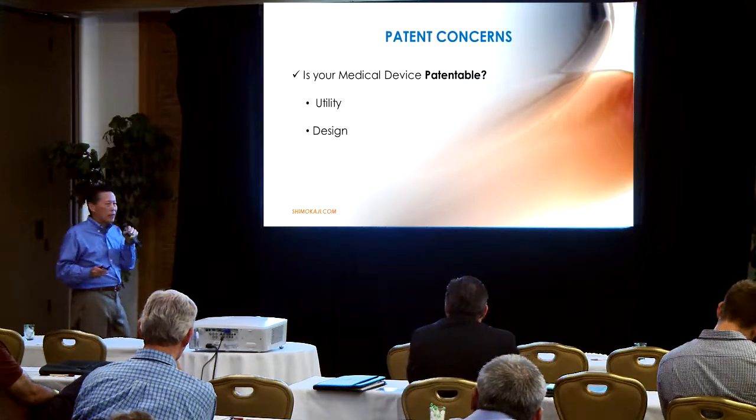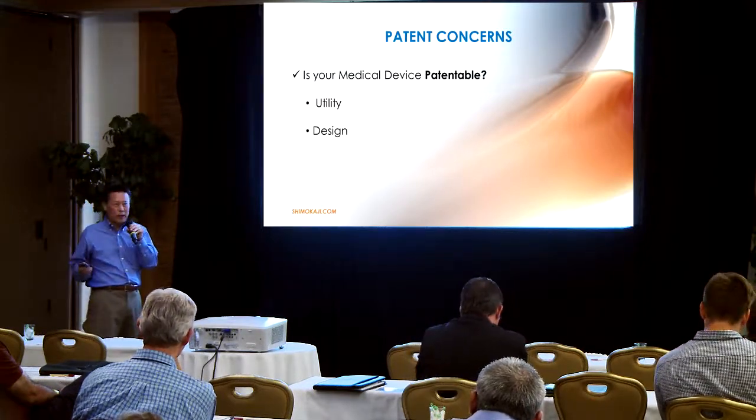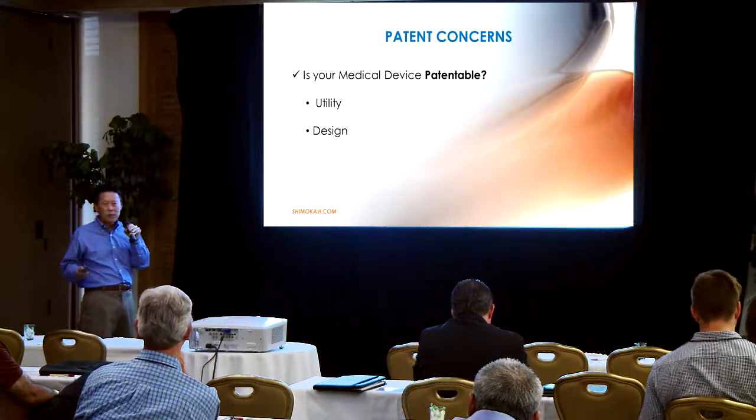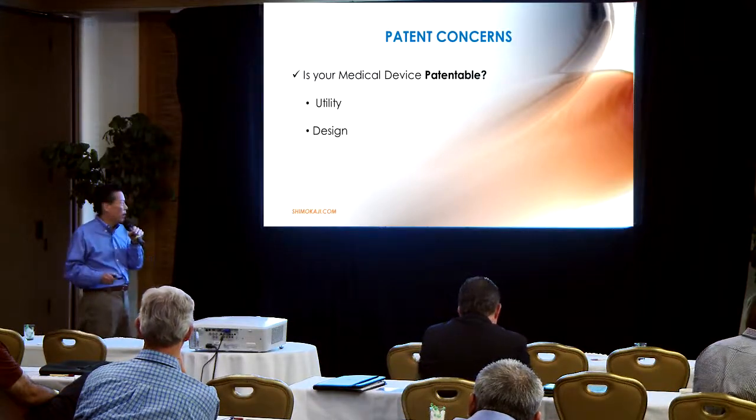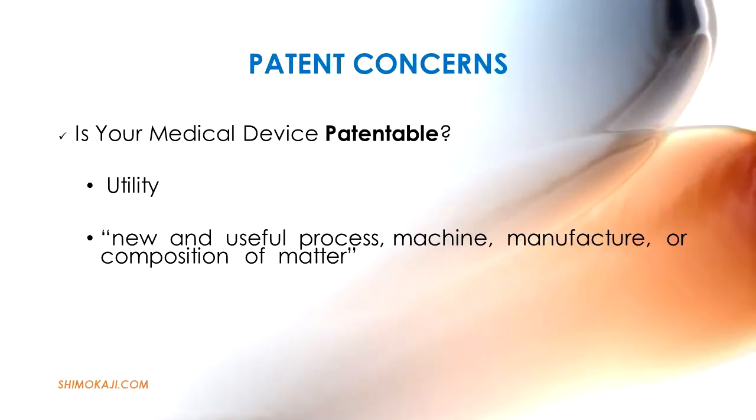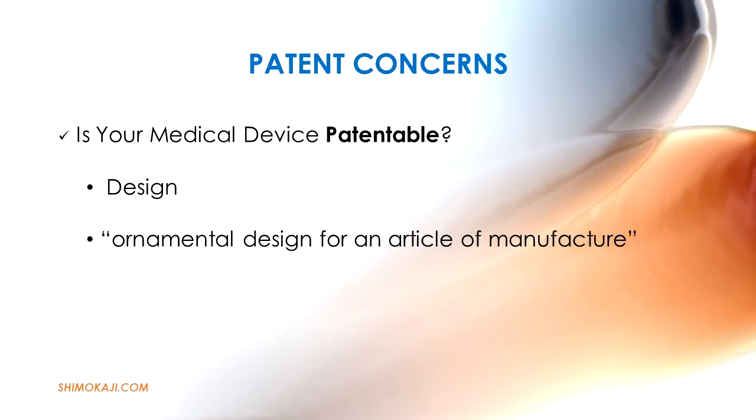You can look at it in terms of two aspects. You can have utility patents, you can have design patents. Utility patents pretty much cover compositions of matter, business processes, machines that are making something. On the other hand, design patents cover ornamental designs.